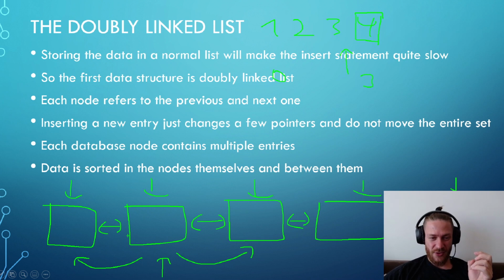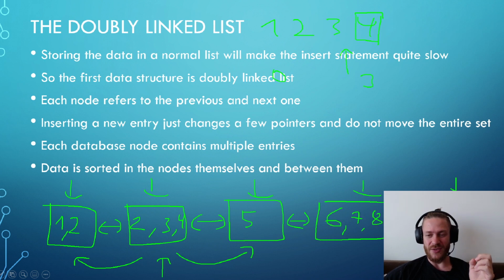For example, let's say that this node stores 1 and 2, this node stores 2, 3 and 4, this node stores 5, this node stores 6, 7 and 8, and this node stores 10.